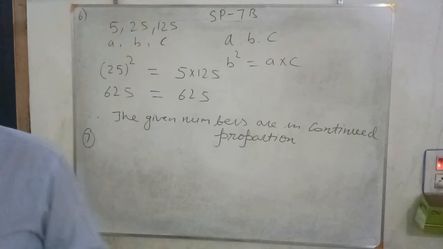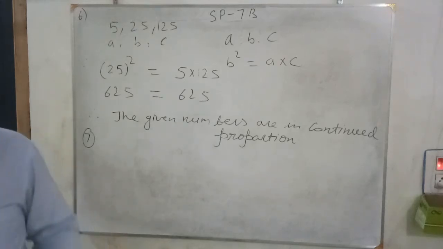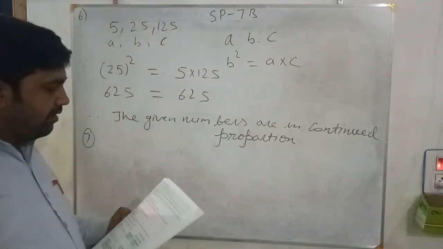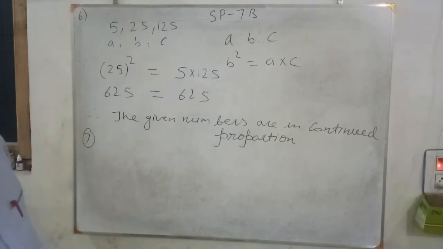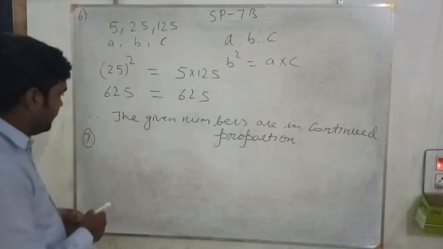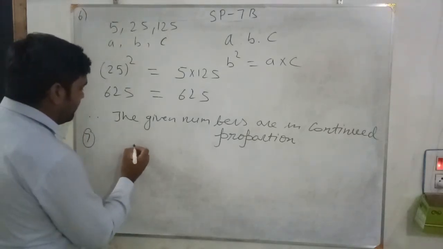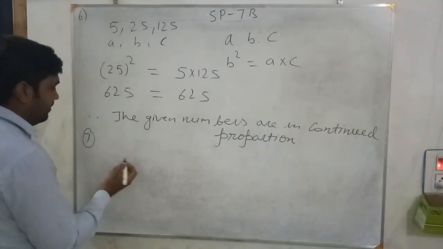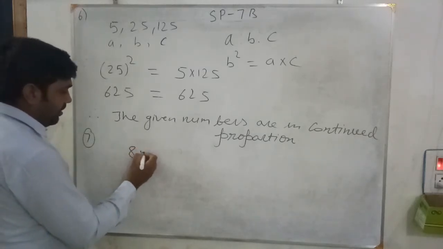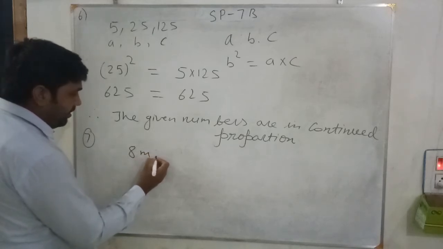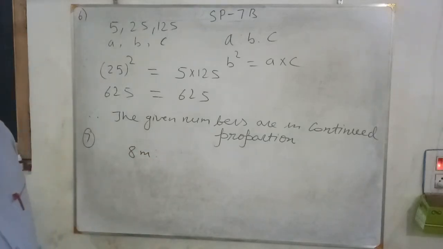In this question number 7, cost of 8 meter cloth is rupees 600. Find the cost of 15 meter cloth. So here how you find: 8 meter, that is length, is to price.